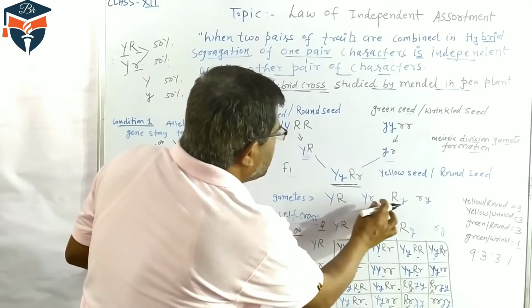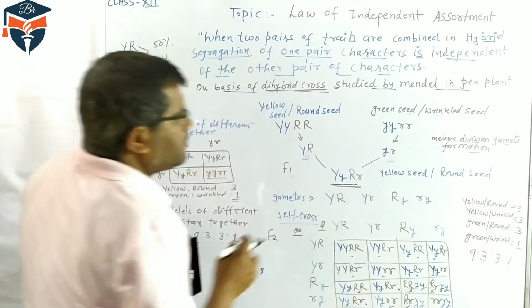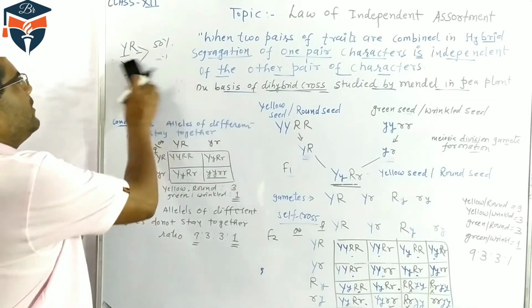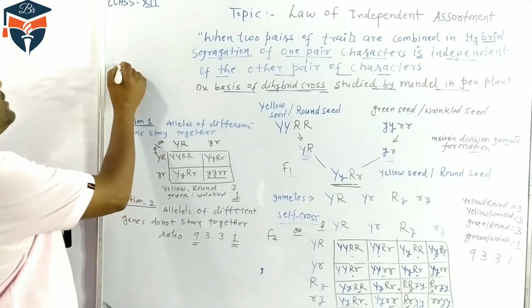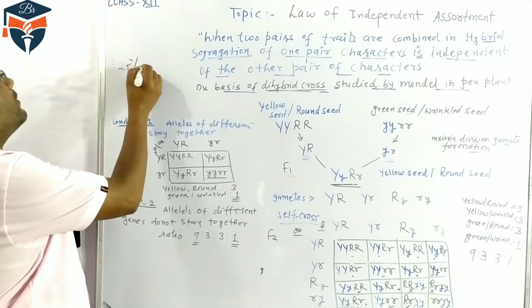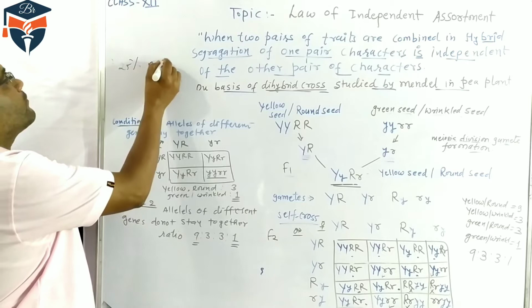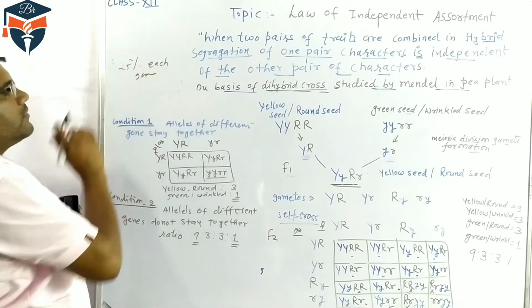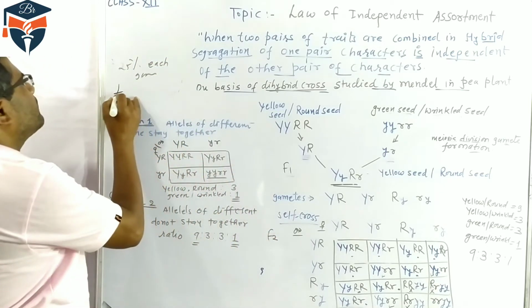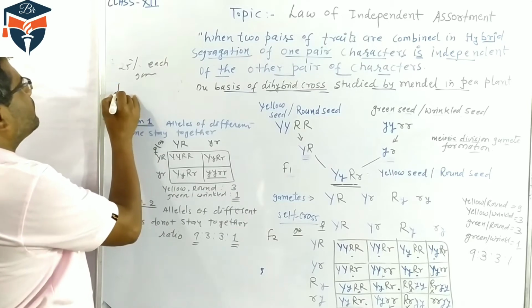It means that from the F1 generation parent, 4 types of gametes are formed. There is a contribution of 25% of each gamete, a 1/4 ratio.